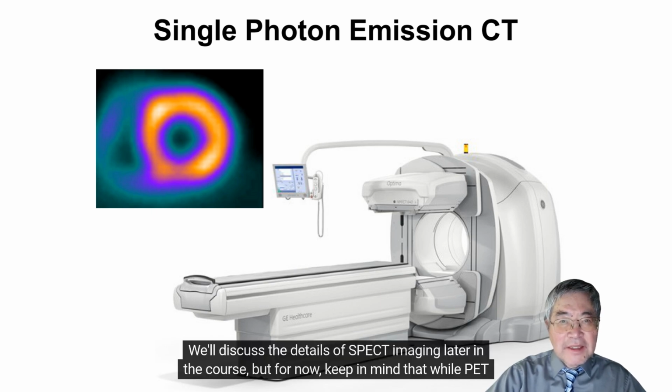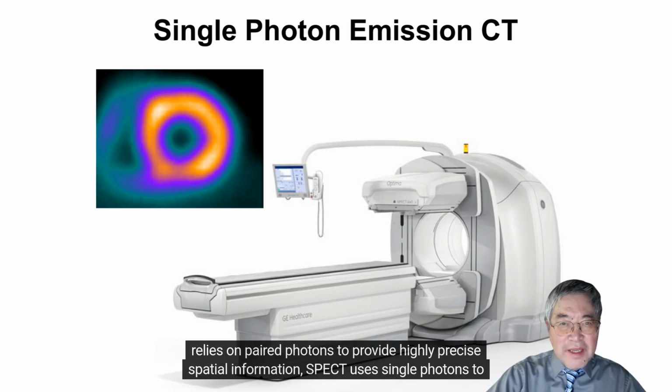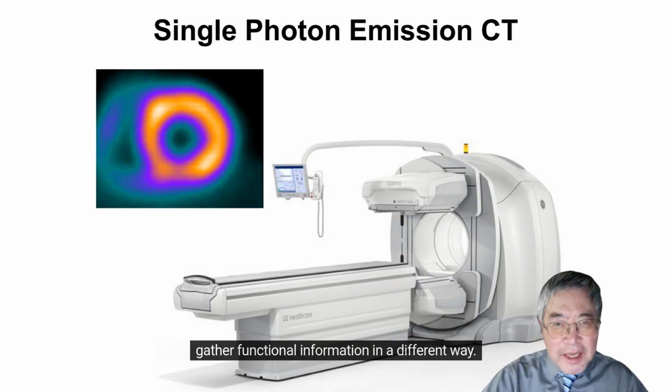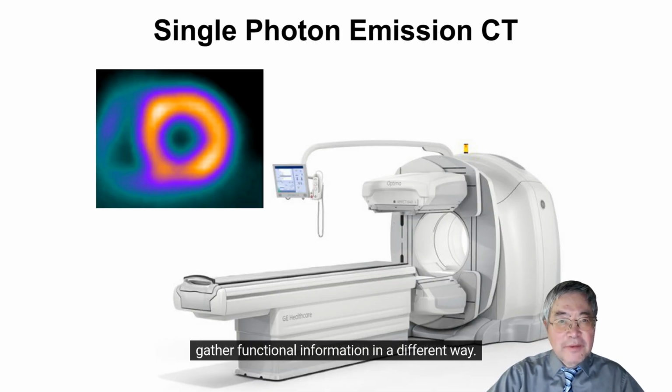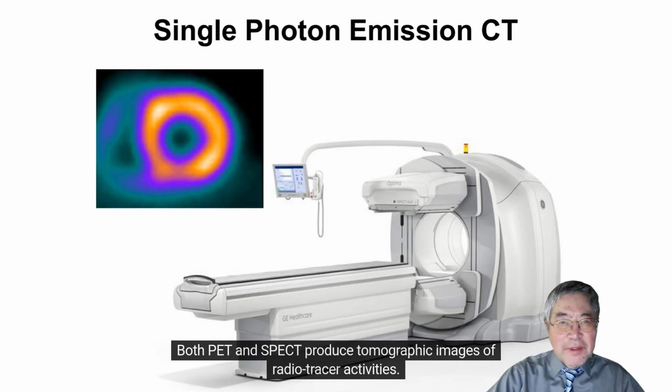We'll discuss the details of SPECT imaging later in the course, but for now, keep in mind that while PET relies on paired photons to provide highly precise spatial information, SPECT uses single photons to gather functional information in a different way. Both PET and SPECT produce tomographic images of radiotracer activities.